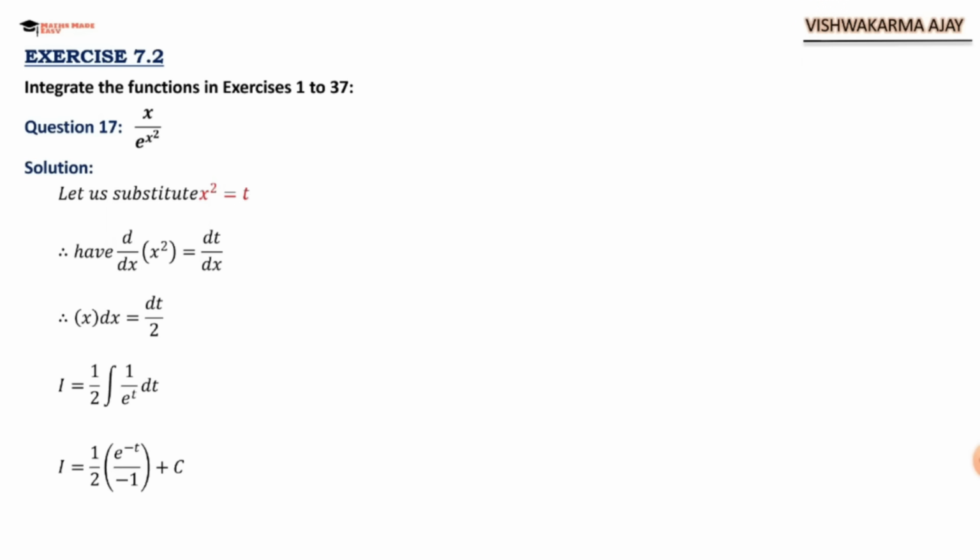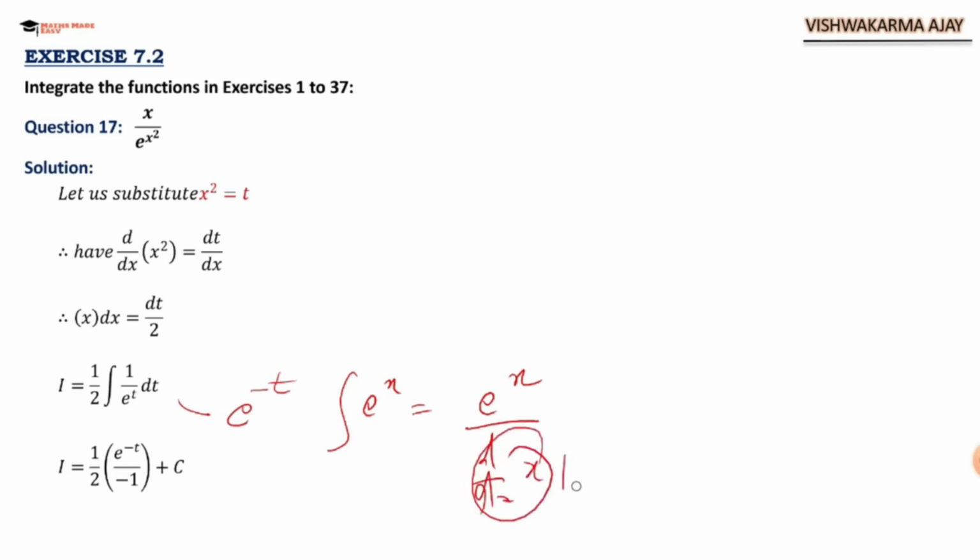Now applying a simple rule, 1 upon e raised to t can be written as e raised to minus t. Now when you go for integration of this, what you do, like last time, the integral of e raised to x is e raised to x upon d upon dx of x. So this becomes 1. So basically e raised to x upon 1.